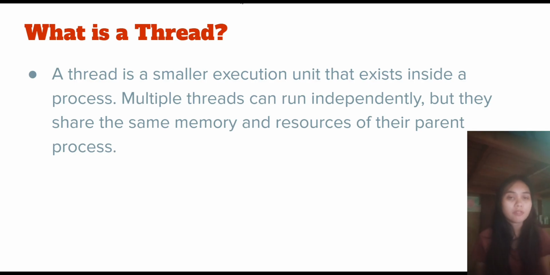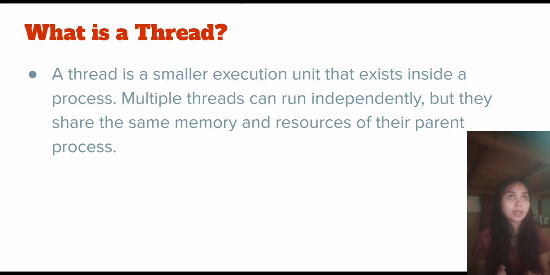Every process must have at least one thread. Yun yung tinatawag nating main thread. But yung mga modern programs often create multiple threads to handle different tasks at the same time.